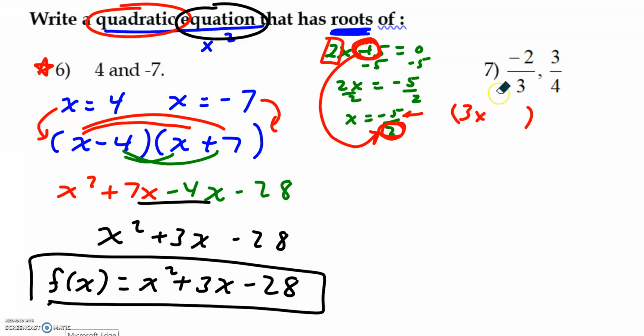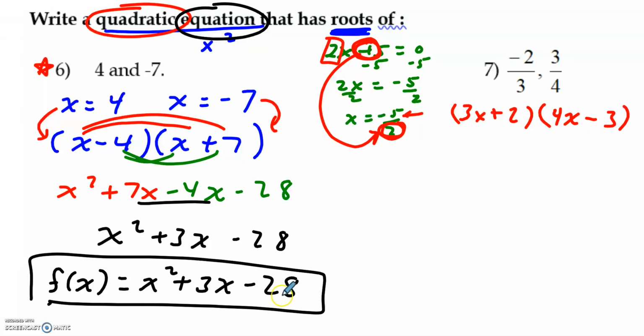So this would be 3x plus 2 because my answer is negative, and the signs reverse. If I were going to do 3/4, the 4 is in the denominator, which means it's divided. So it would have to be by the x, but because my answer is positive, it originally came from something that was negative. And so these would be my two factors that don't have fractions in them.